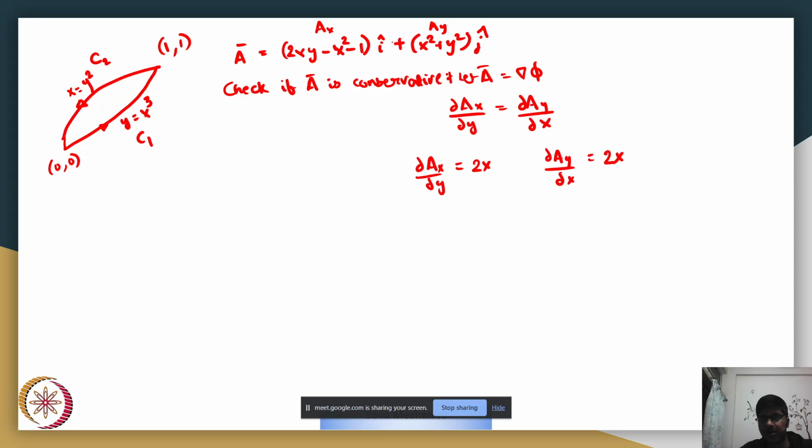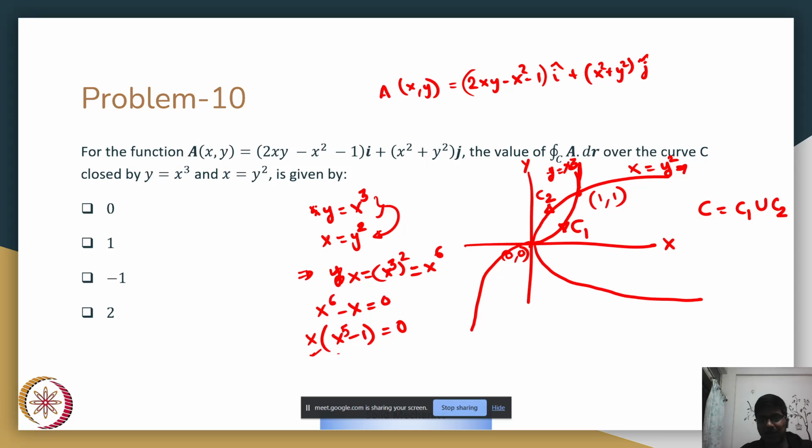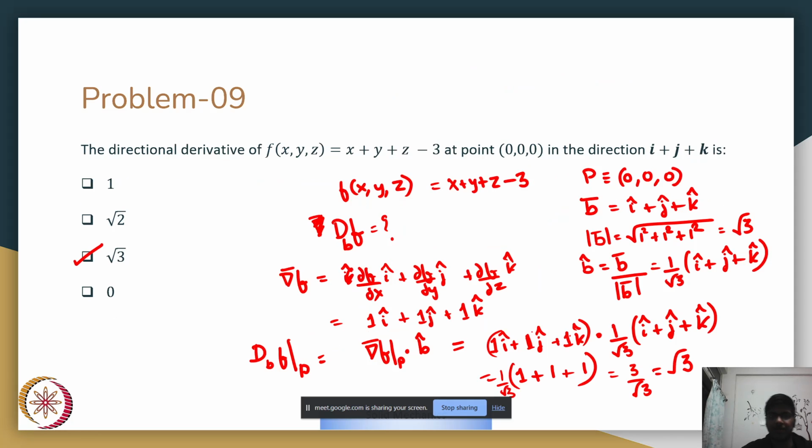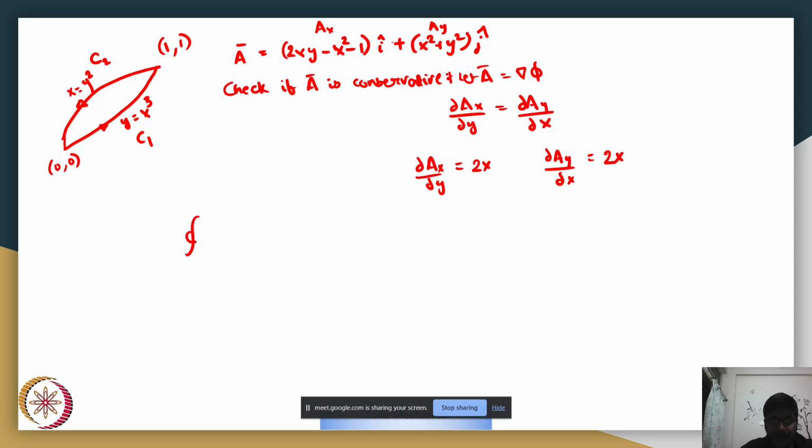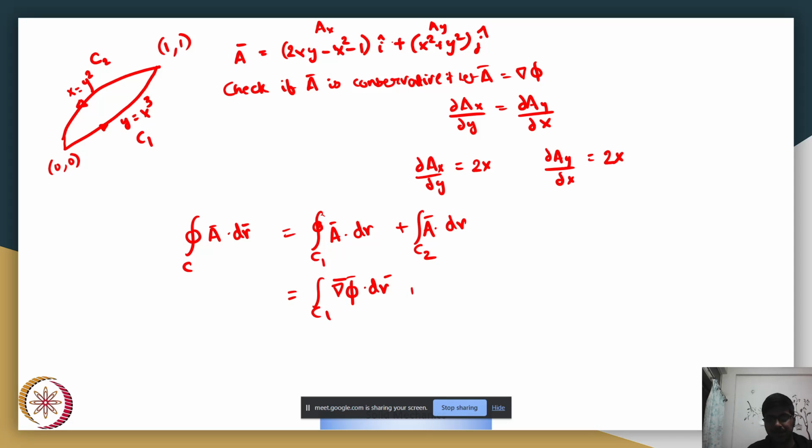So if it's conservative, then our whole problem is solved because we are moving through a closed loop, ending at the same point, and therefore the path integral of A dot dr would be nothing but, I'll split it into two terms, A dot dr over C1 plus A dot dr over C2, which is grad phi dot dr over C1 plus grad phi dot dr over C2.